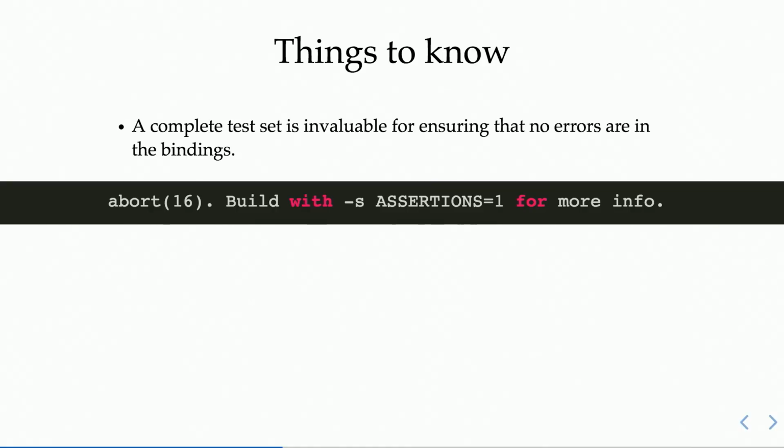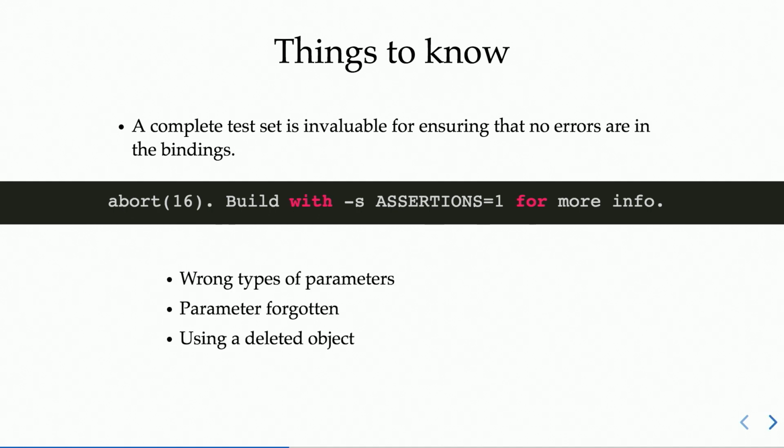It's not, of course. And it can happen for quite a few things, like if you send the wrong type of parameters, if you forgot a parameter, or if you're using a deleted object because you've called destroy and then reuse your object for some reason. So be extra careful, and you don't have this garbage collector that will prevent you from doing bad things. So yeah, that's the bad part.